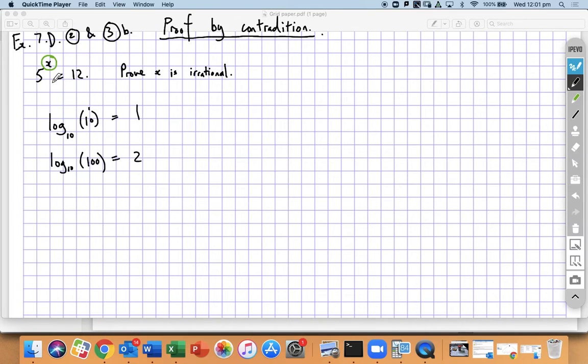In the old days, logs were also used to speed up multiplication questions if you were doing them by hand, because you can simply add logs, because we've got our log laws, like the log of 2 numbers multiplied together is the same as the logs of the individual numbers added. Not sure if this will be useful or not.